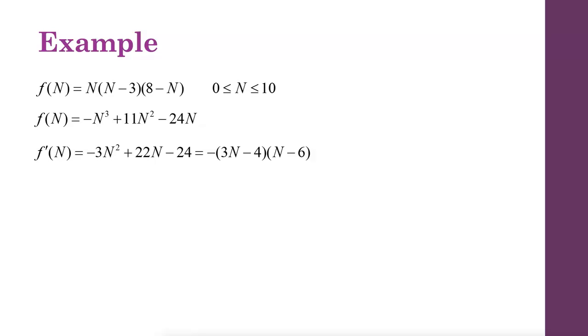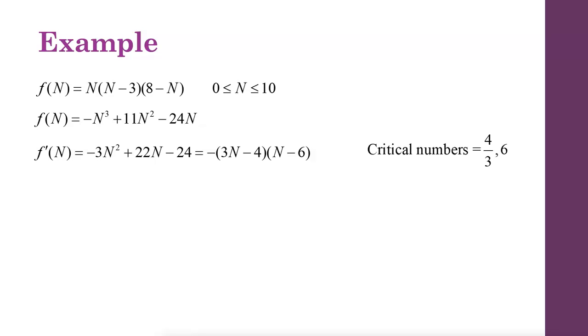Now, to find our critical numbers, we need to know when this is undefined and when it is 0. It's a polynomial, so it's always defined. I don't have any places where my derivative is undefined, but I have a couple places where it is 0. If I set each parenthesis equal to 0, I get n equals 4/3 and n equals 6.